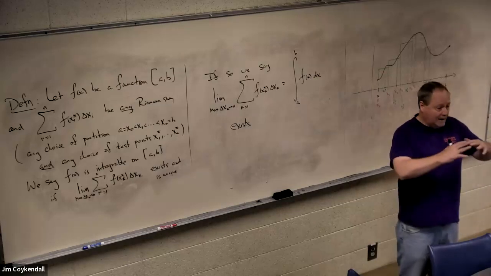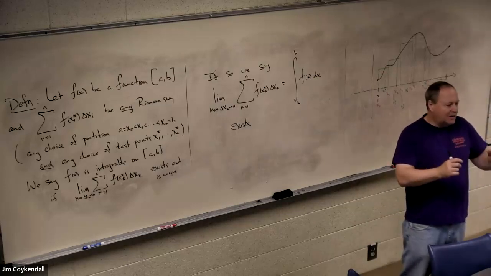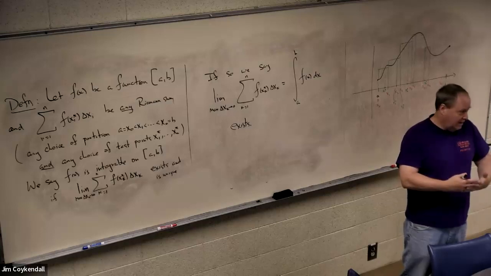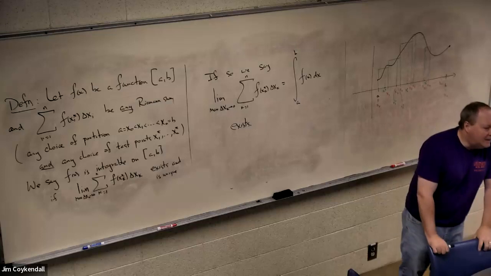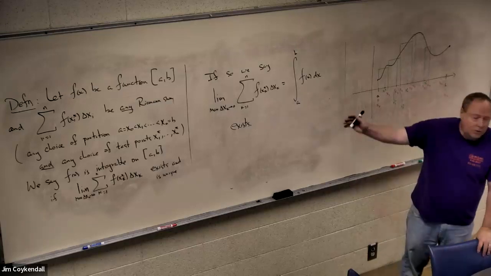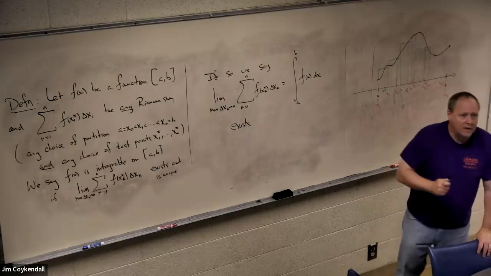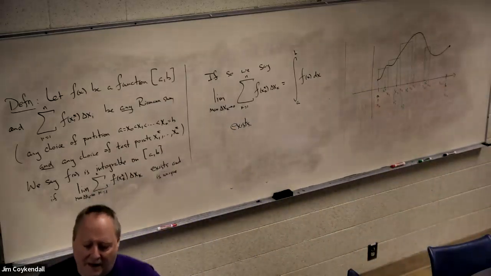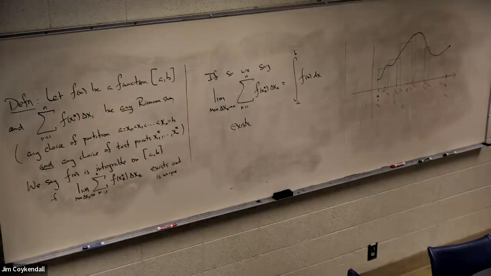Does everybody understand what I did with that parabola, when we did the boxes and all that? You all follow the steps that we did, right? But it's tedious. Nobody wants to do that every time. We're going to get a theorem that shows that this is actually really an easy problem for many functions.